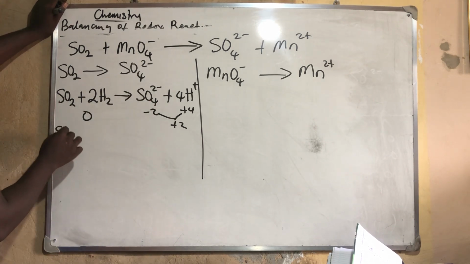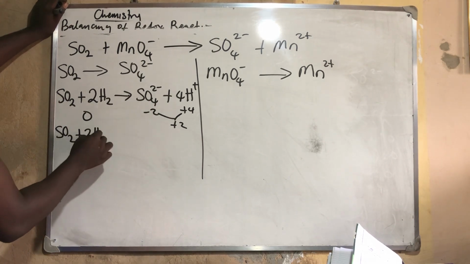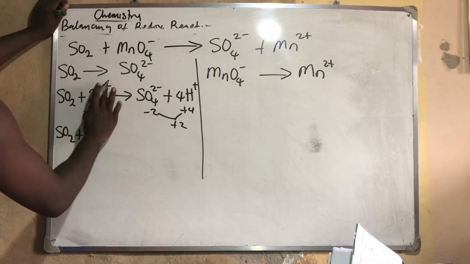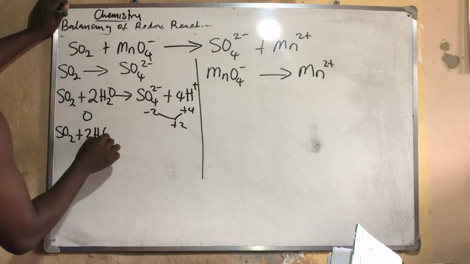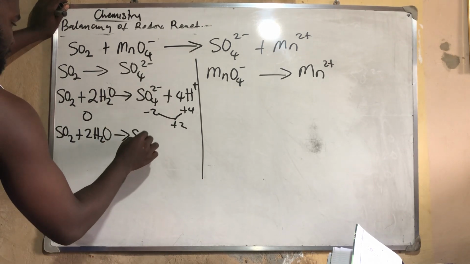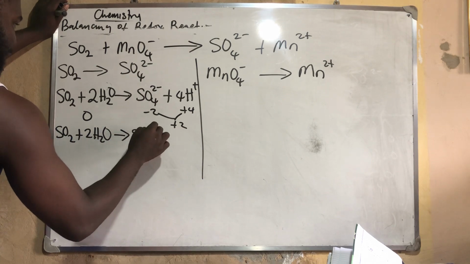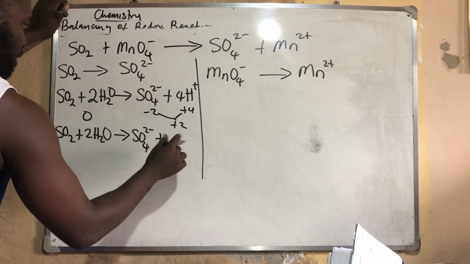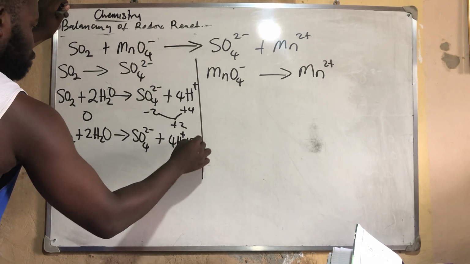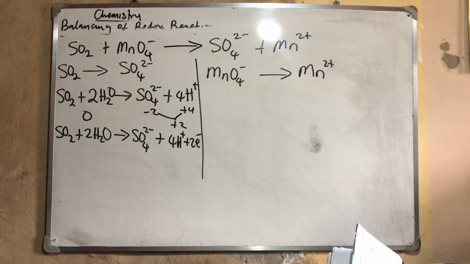So I have SO2 plus 2H2O to give me SO4 2 minus plus 4H plus 2 electrons. Okay, I added 2 electrons because of, you know, the reason now.